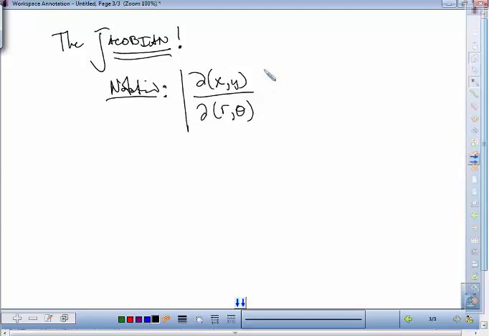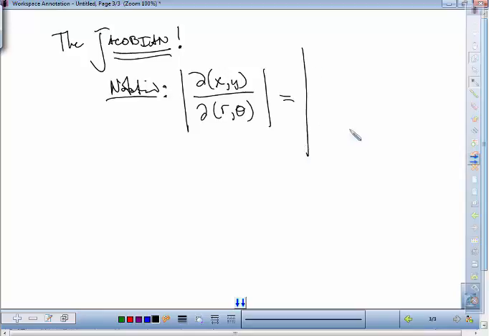And in general, we're going to want just a positive representation of this, because in linear algebra, we're going to be taking determinants. In linear algebra, when you take determinants, if you switch rows, the determinant changes signs. It doesn't matter if we take the derivative with respect to r first or theta, so the order of these things doesn't matter.